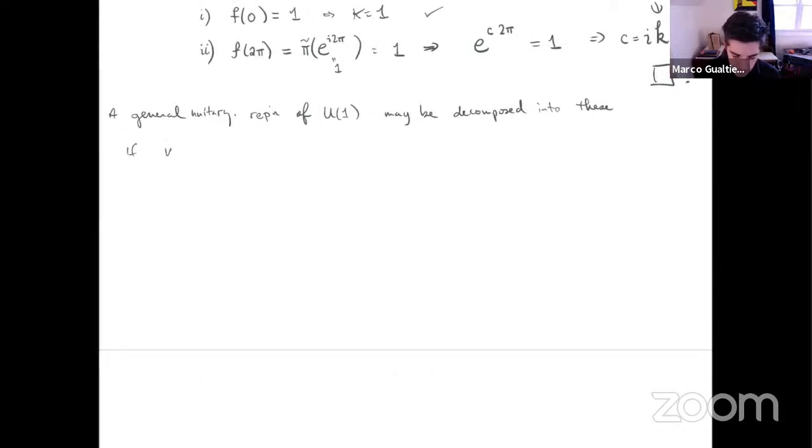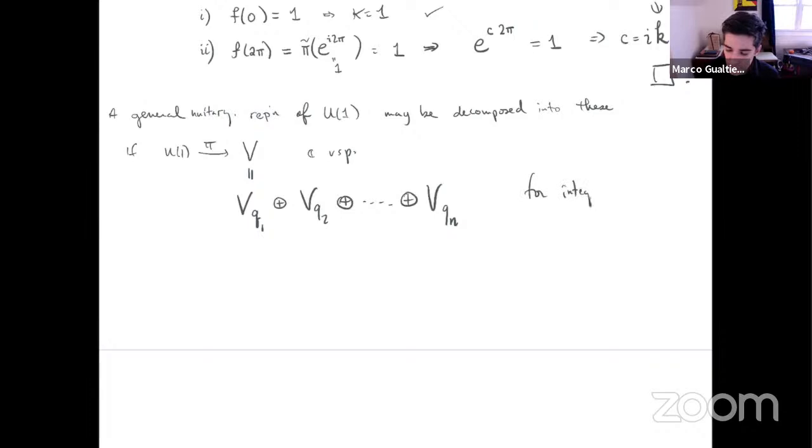So if we have a representation of U1 into, let's say V, a complex vector space, then this V I can decompose as, I'm just going to use slightly different notation just to emphasize a point, V_q1 plus V_q2 plus V_qn, for integers q1 up to qn.